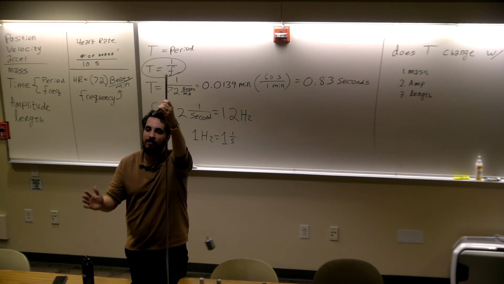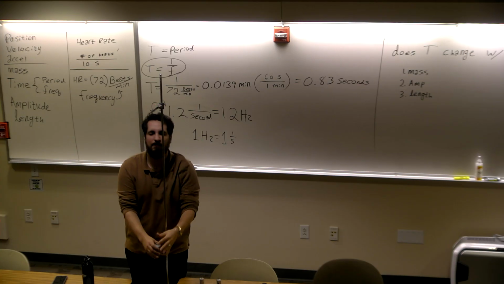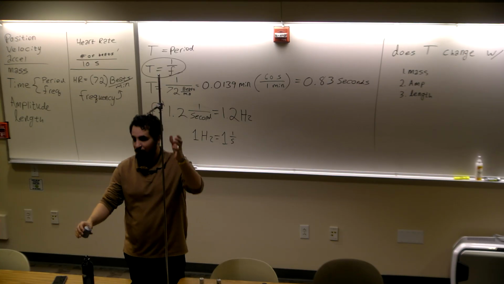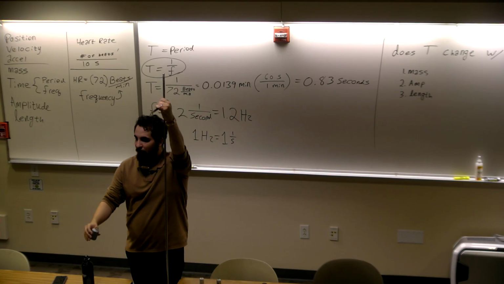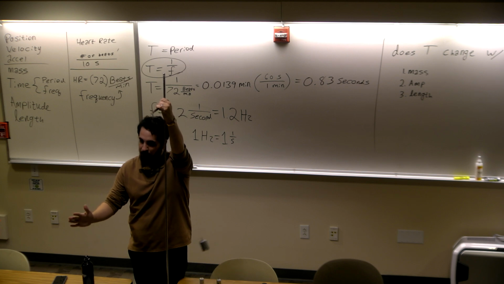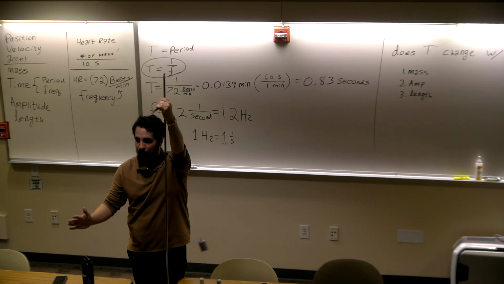So we're going to start. 1. Sorry, I messed that up. I meant to give it a full swing before I said start. Okay, ready? Start. 1, 2, 3, 4, 5, end.